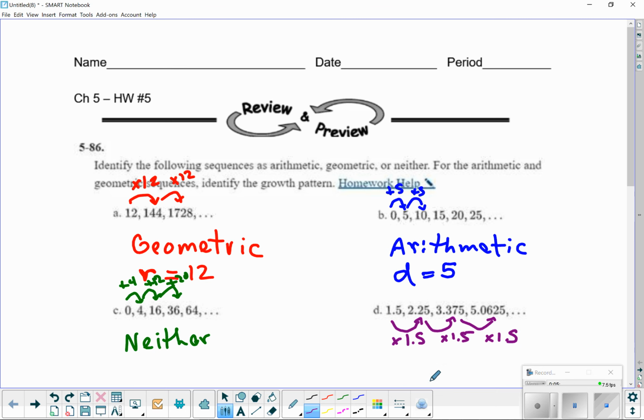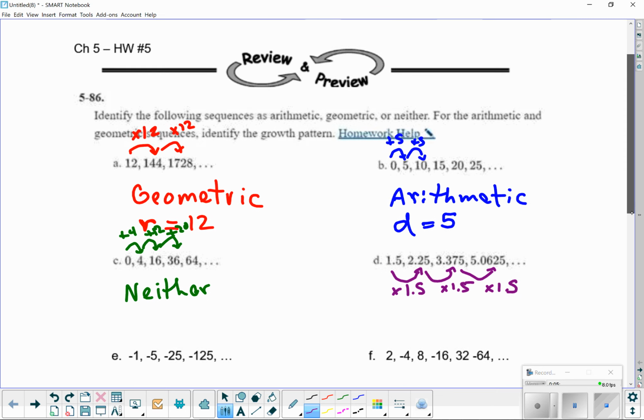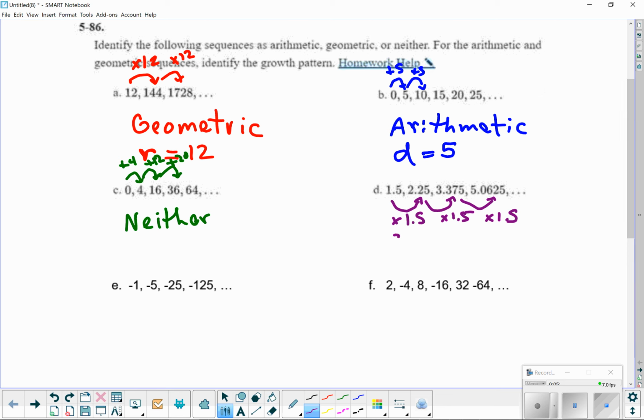And because this is multiplication, this is going to be a geometric sequence with an r, because it's geometric, this is the multiplier, which is 1.5. You don't need to say times, because as soon as you say geometric, or as soon as you say r, it automatically means multiplication.